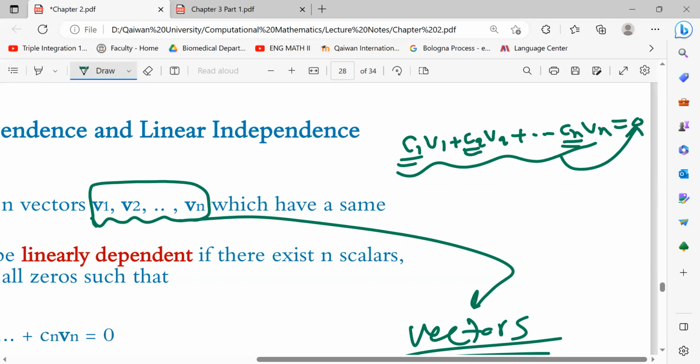We say if not all of C1 up to Cn are 0, then v1, v2 up to vn are linearly dependent.